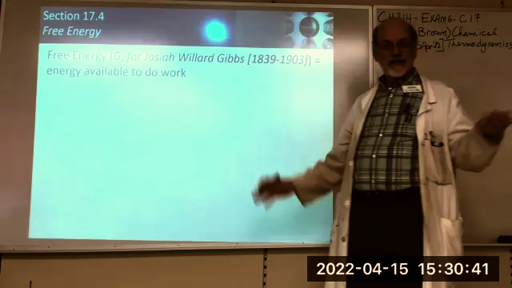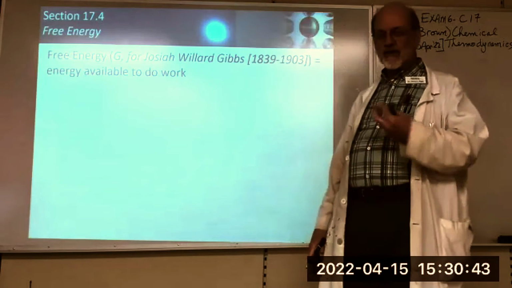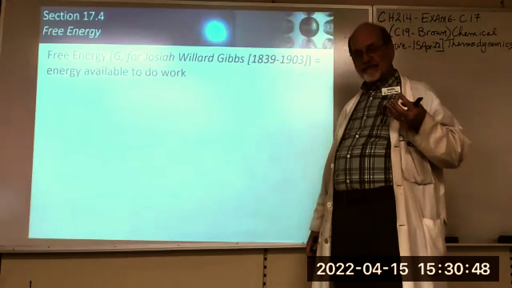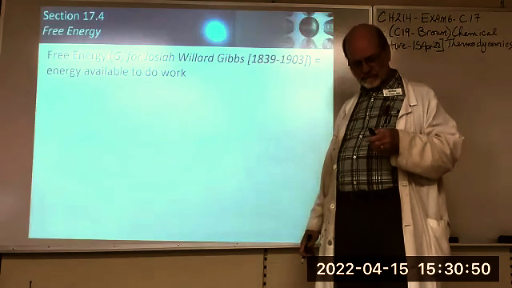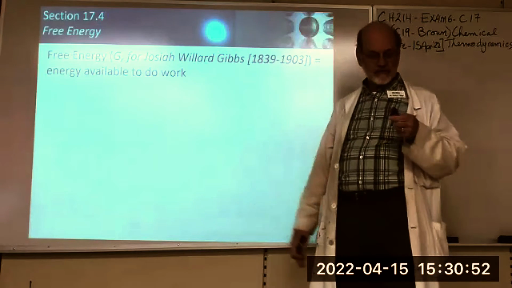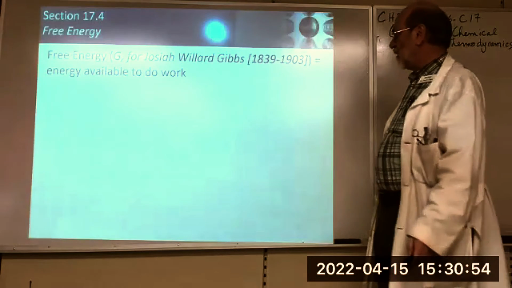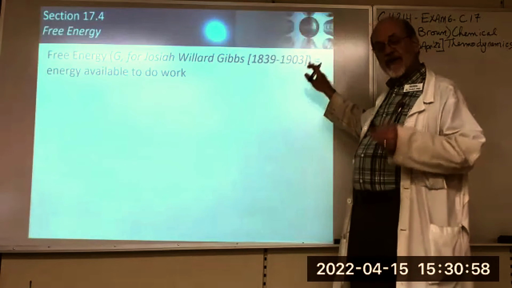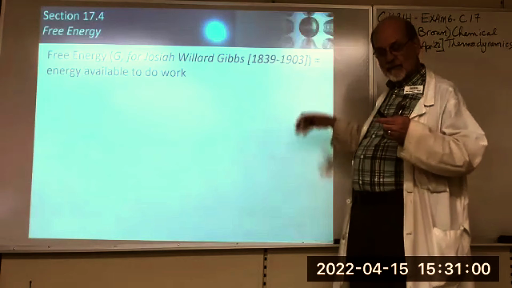Otherwise, what's the point? It's just academic. If you let a reaction go spontaneously and you don't extract any work from it, then why bother? Well, some chemists do it just for fun. But Gibbs wanted to know how much of that energy is available to do work.